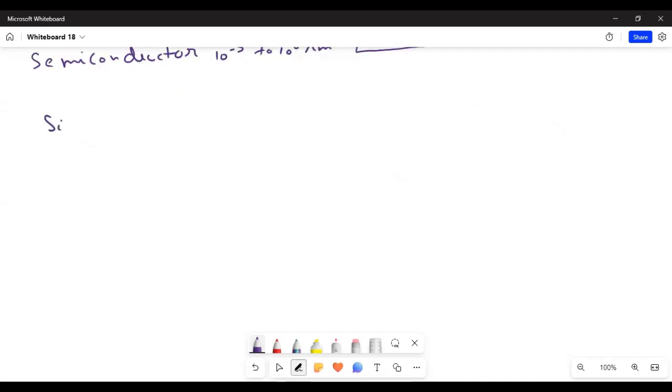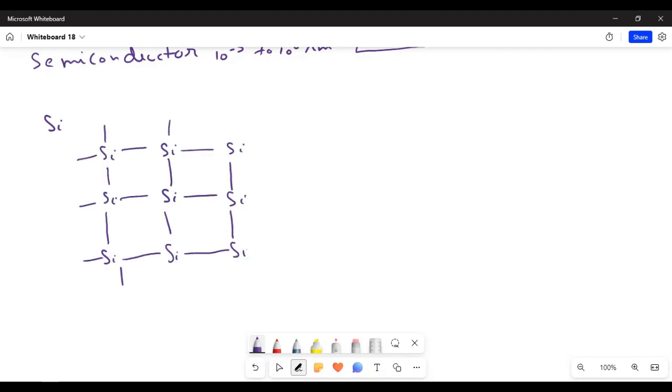Now silicon is bonded by covalent bonds. It has a valency of 4. So if I make silicon, let's consider this a typical silicon structure where each atom is bonded with four other atoms through covalent bonds.